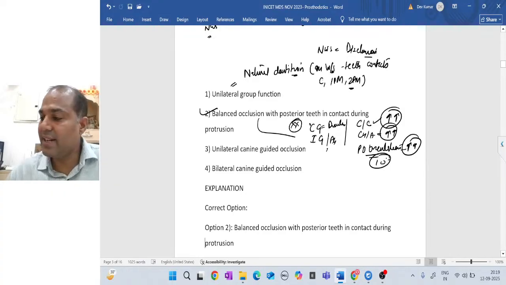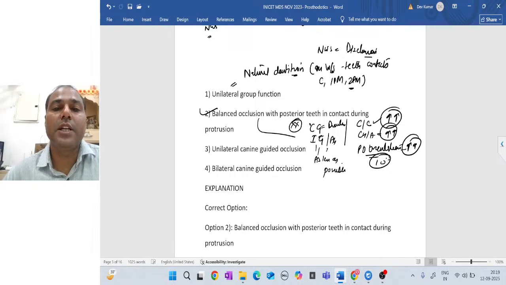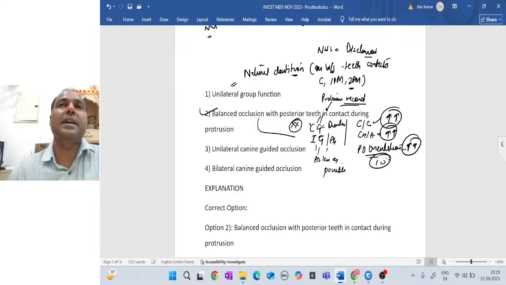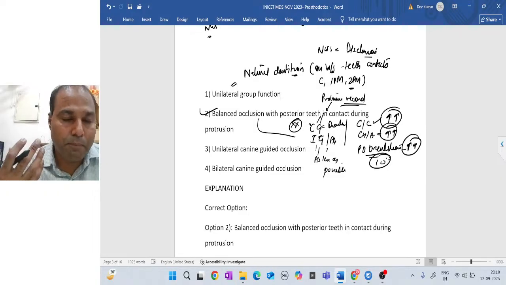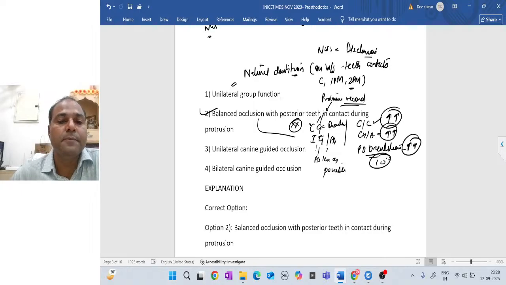So incisal guidance, keep it as less as possible. It is in your hands. Condylar guidance is a patient derived factor. It is not in your hands. And condylar guidance, you can achieve it with the help of a protrusive record. Remember this. You can get the condylar guidance of the patient by taking a protrusive record, program the articulator and get the condylar guidance of both the sides. Right? Anterior guidance should be as less as possible, ideally 0.